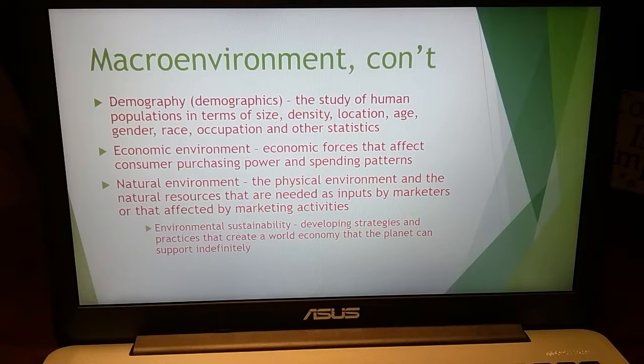So another trend that we talk about a lot in business today and in general is this idea of sustainability. Sustainability is this idea that you can provide for the needs of this generation without compromising the needs of the next. So we often hear about sustainability in terms of recycling and trying to reduce waste and that kind of thing. Okay.